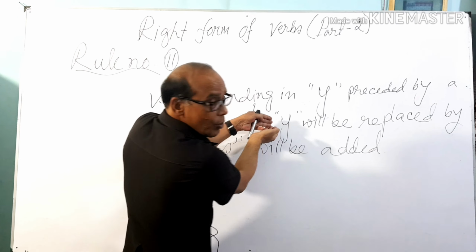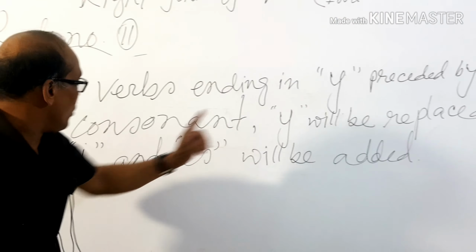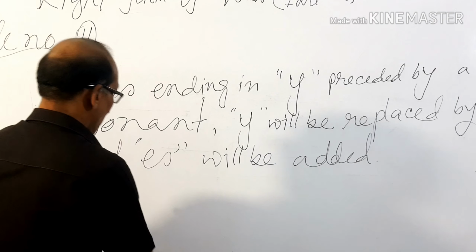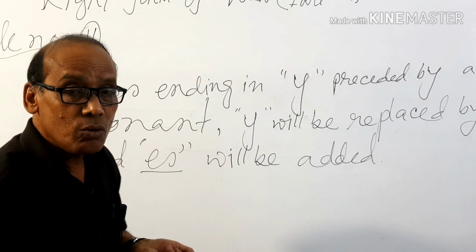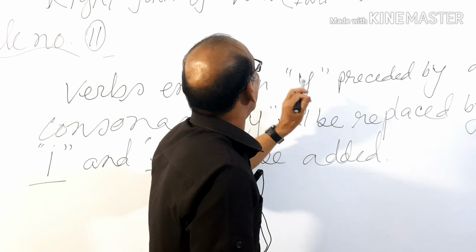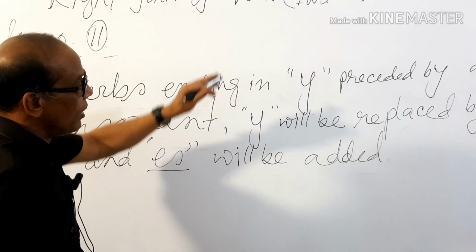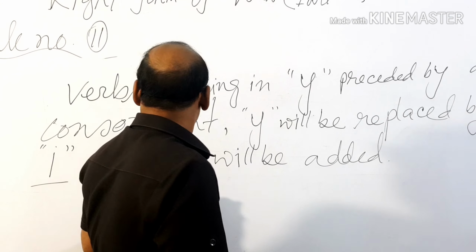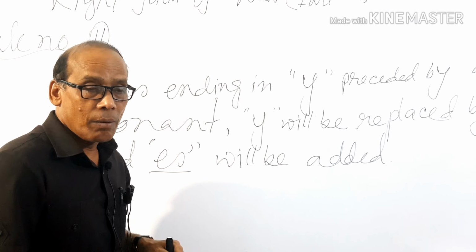That means in the place of Y, we will use I, and later on we will add es. So here you will have to see two changes. One, Y will be replaced by I. That means Y will be omitted, and in the place of Y we will have to use I. And number two, then we will have to add es to the verb.